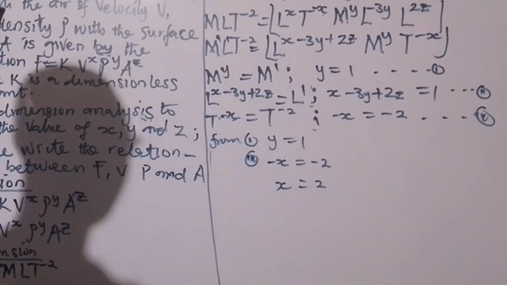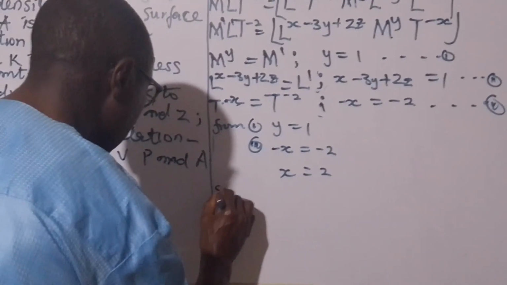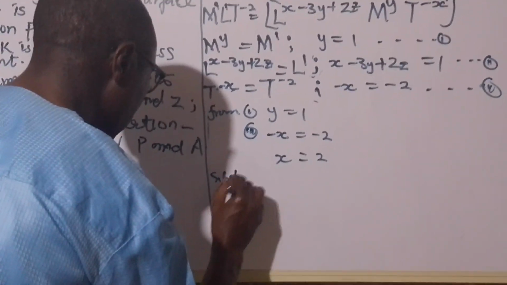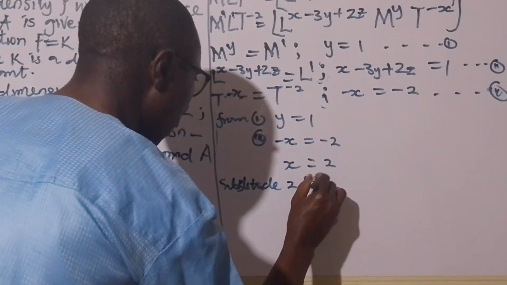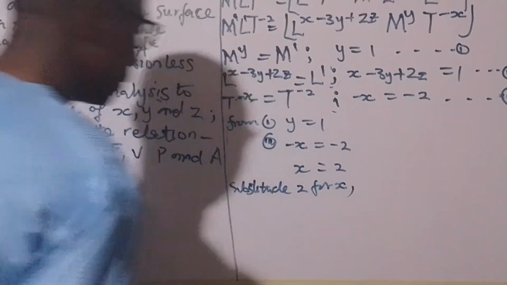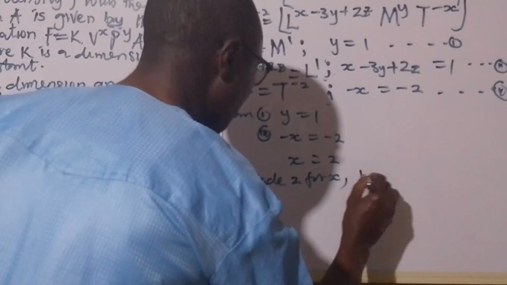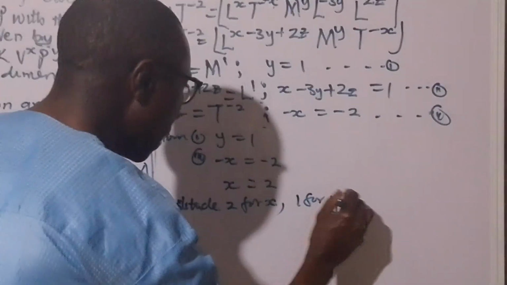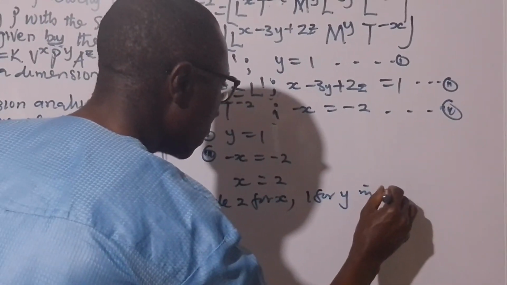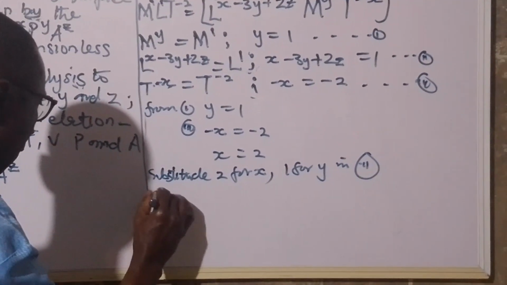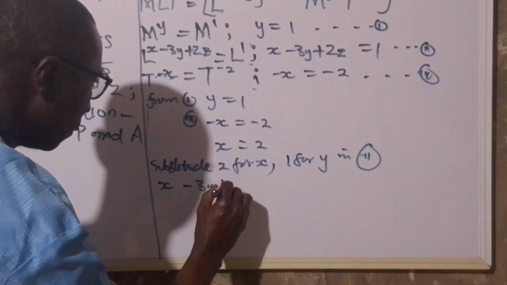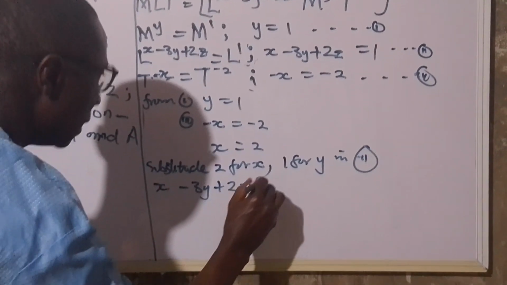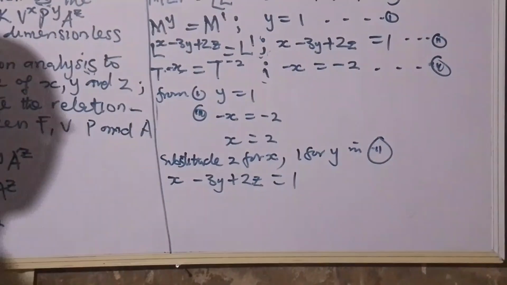Now, we can say substitute 2 for s, 1 for y in equation 2. And what is our equation 2? That will be s minus 3y plus 2z equal 1. And our s is 2.